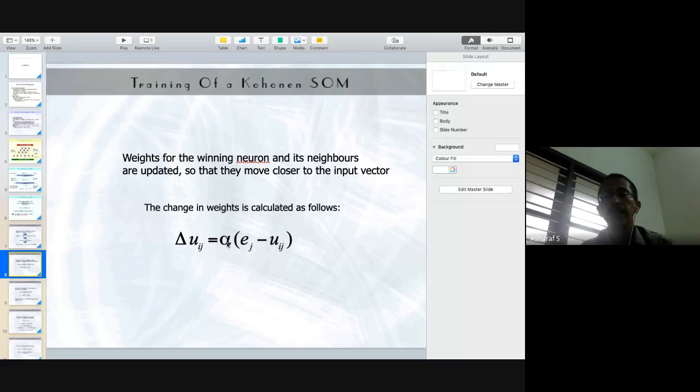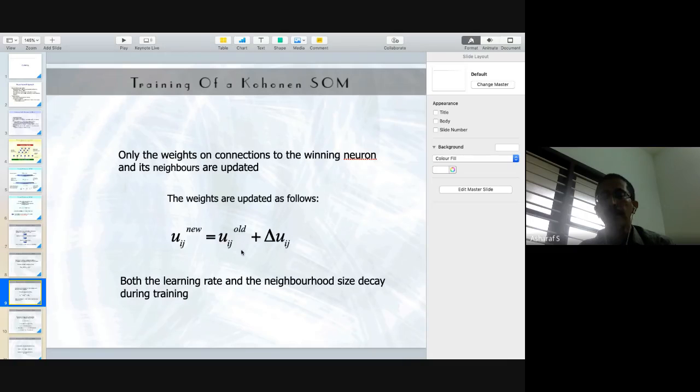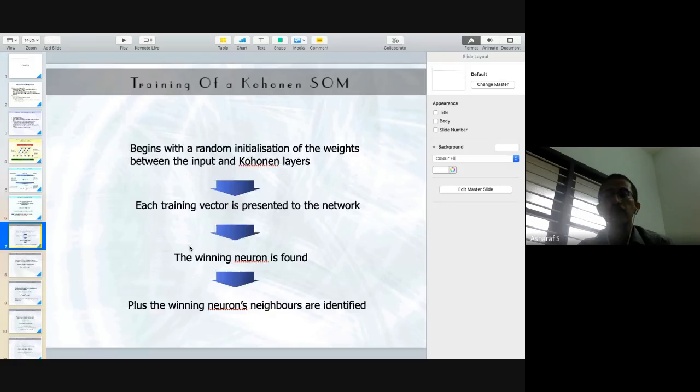The change in weight, delta u_ij, would be a learning rate alpha times the difference between the presented input and the weight vector. So essentially, a scaled down version of the difference is taken as the increment of the weight. Then you update the weight: the new weight is the old weight u_ij plus delta u_ij, and you keep continuing.